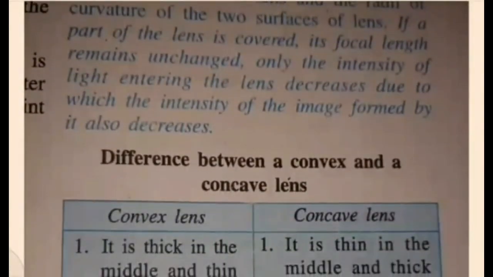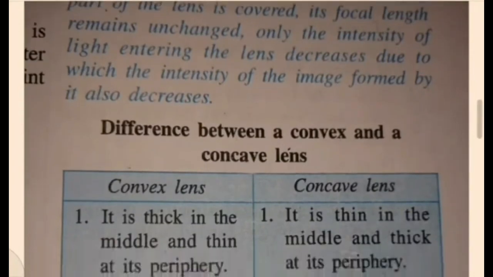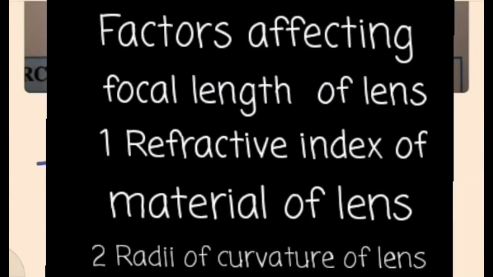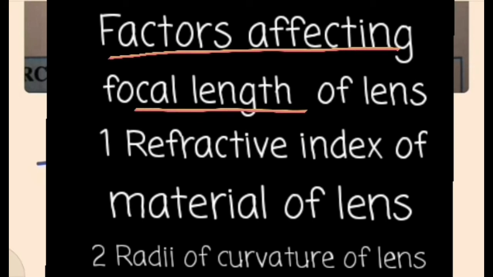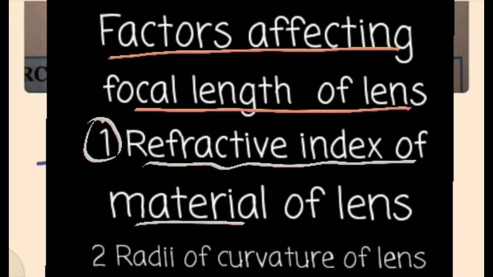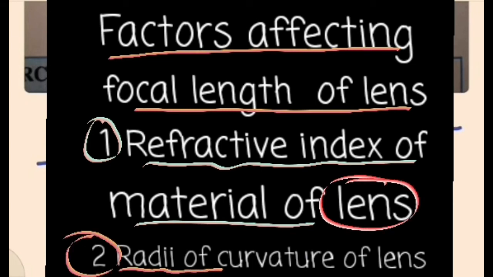Now the last section of this unit is the difference between convex lens and concave lens. Before that, let me say one more thing: the focal length of a convex lens or concave lens depends upon only two factors. The first factor is the refractive index of the material of the lens. If it is glass, the refractive index will be near 1.5.